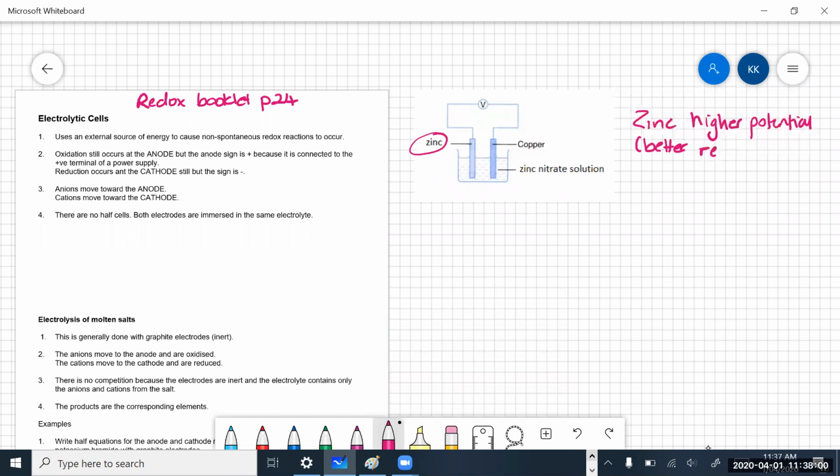And so our electrons are going to flow from the zinc anode to the copper cathode, and we will generate a current in the wire because this is a spontaneous reaction.